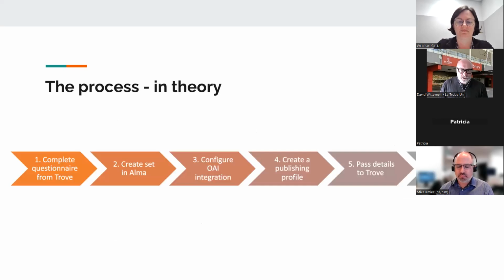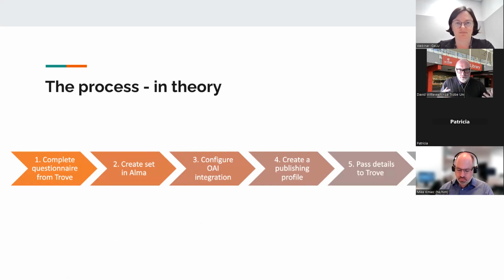This is the process in theory. You start off by placing a request with Trove saying, we would like to set up OAI-PMH harvesting. They send you a questionnaire, which you fill out. It has about 10 or 15 questions in it about what you want to harvest, what you're trying to achieve, that sort of thing.